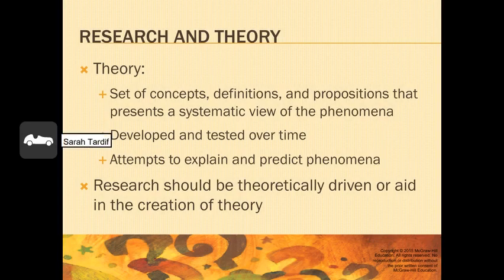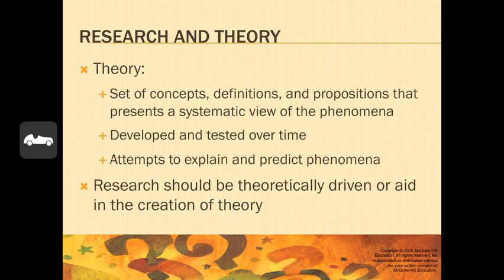One of the major goals of conducting empirical research is to make some kind of theoretical contribution. So, to build towards a new theory or to further develop an existing theory, which is a set of concepts, definitions, and propositions that present a systematic view of some phenomena. It's basically a related set of ideas that explains how or why something happens.